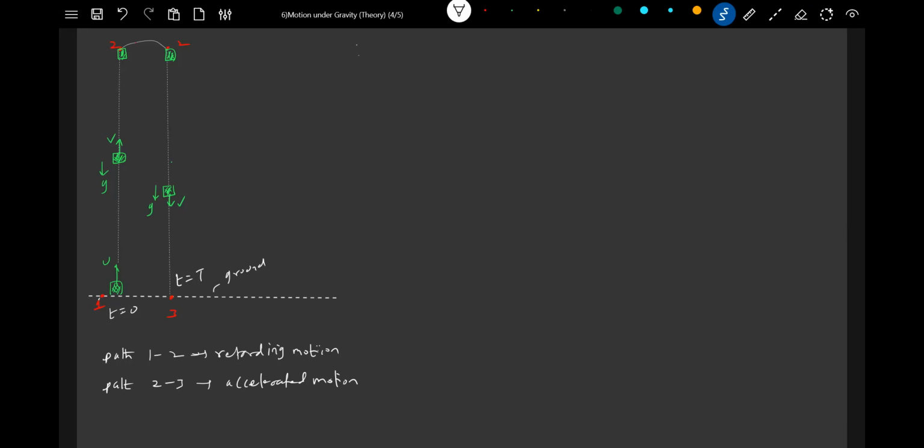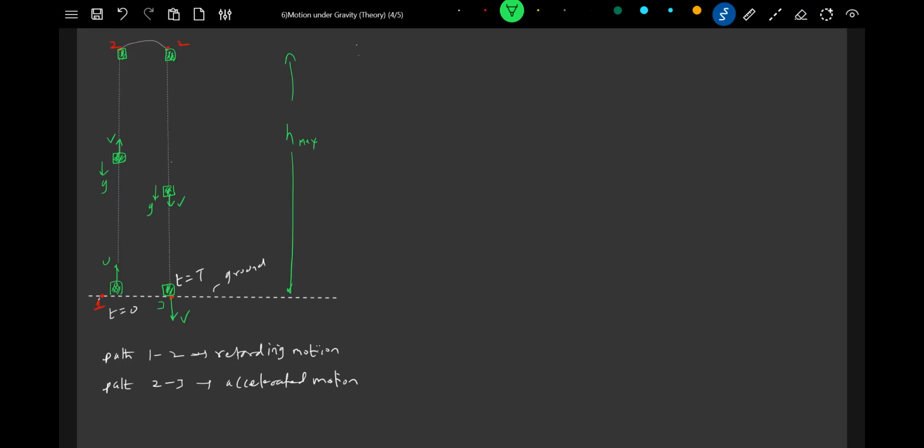What is the state of this object? It is going to come and strike the ground with the same speed with which you projected it. Let's see that. So what is this v? We have to calculate it here. It ascends a certain height. So will it strike with the same speed?